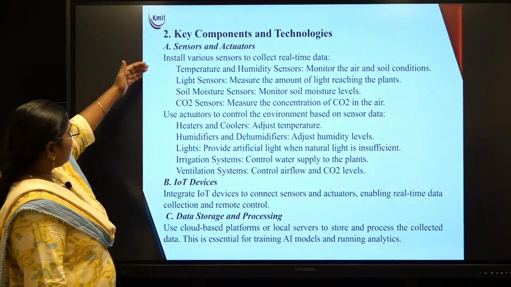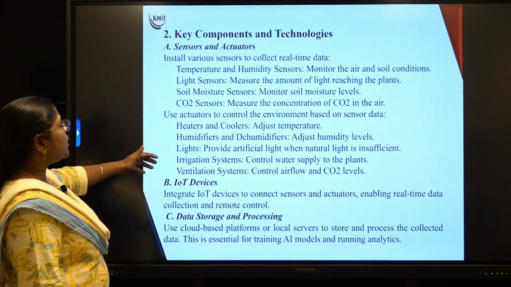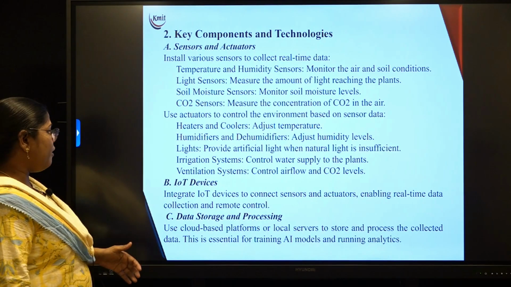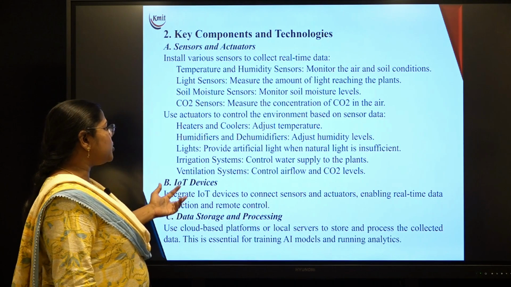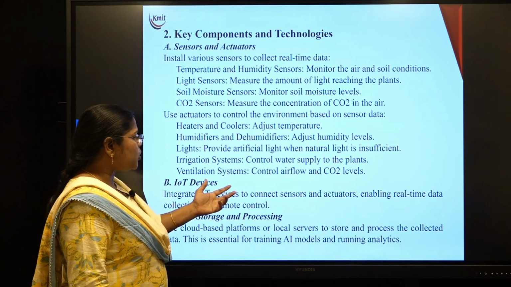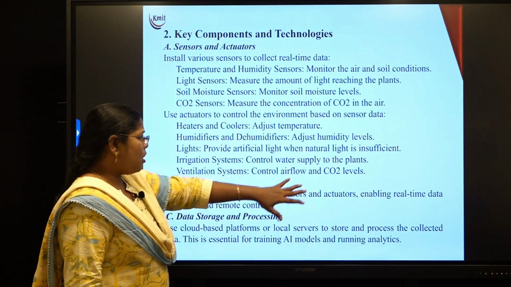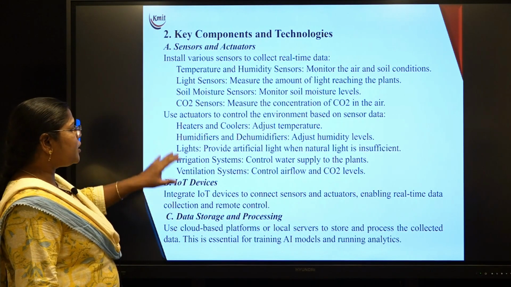With all the sensors and actuators, we need IoT devices. We connect all these sensors and actuators to the IoT device to collect all the real time data.